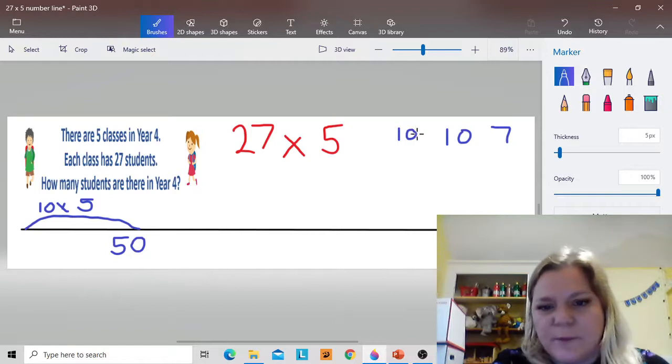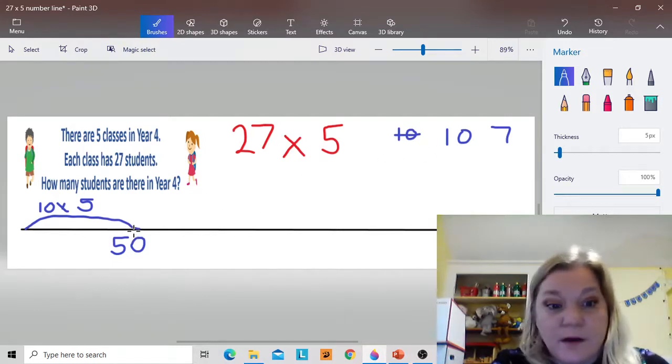Now I've multiplied by this 10, so I'm just going to cross it out so I don't forget that I've done that. Then I'm going to multiply by another 10, so another 10 times 5, and that equals another 50. So we add the 50 on. 50 add 50 takes us to 100.